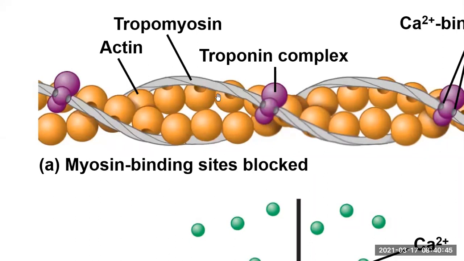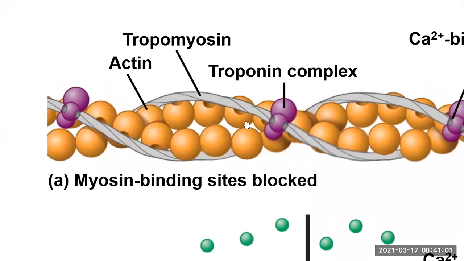The cross bridge cannot form. The nervous system, or the neurons, stimulate the tropomyosin to move away from the binding site. How? Look at the technique, a very easy technique.